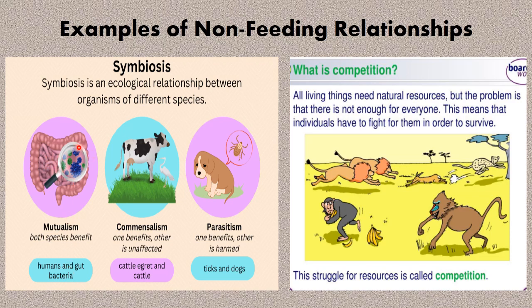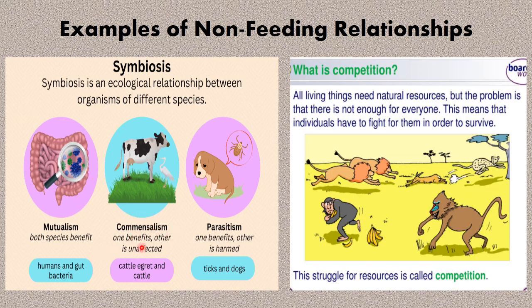These bacteria help to break down certain types of food in the intestine, which provides food for the bacteria themselves and helps human beings digest that type of food. So it's a win-win, a beneficial relationship for both organisms. Human beings benefit by having that type of food broken down, while the bacteria get food from that relationship.